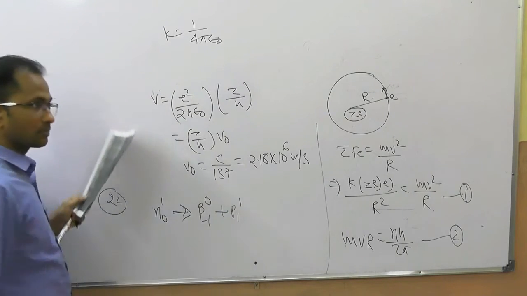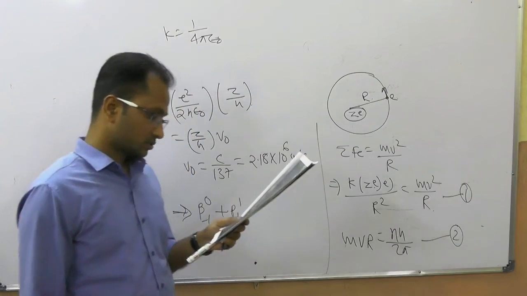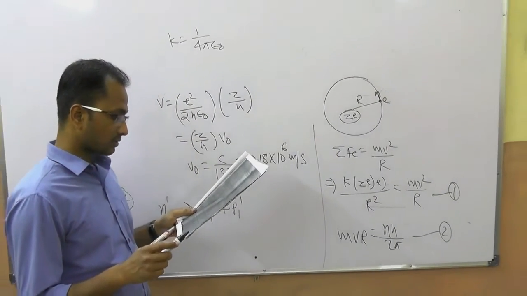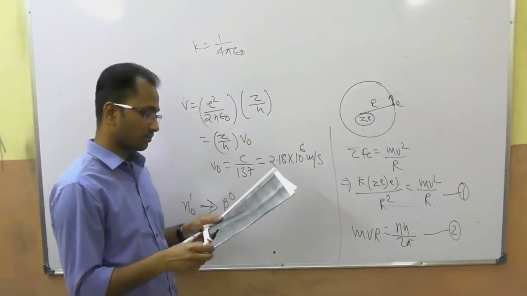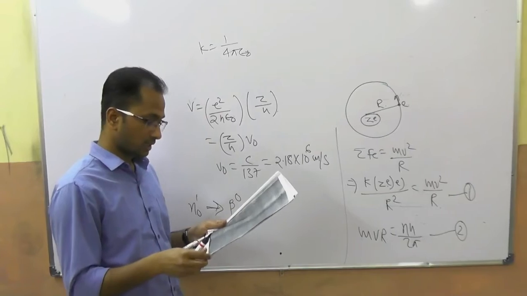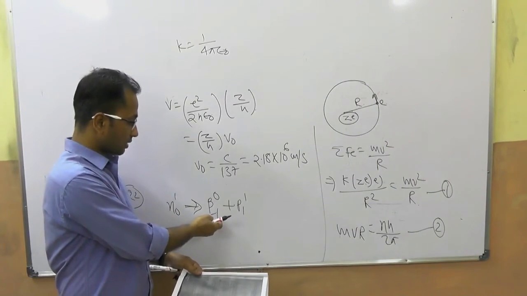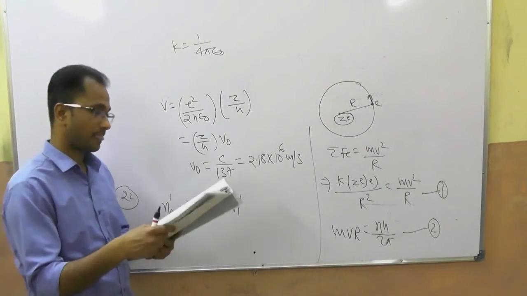Mass number and charge number are conserved here. So beta emission is a nuclear phenomenon, but emission of photoelectron is due to incidence of photons on the metal surface.